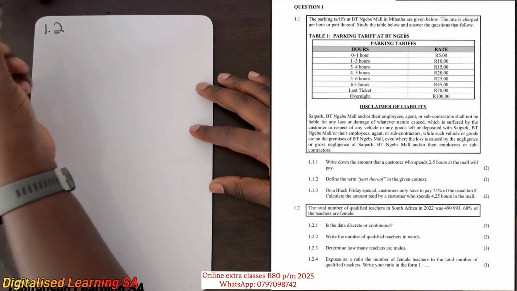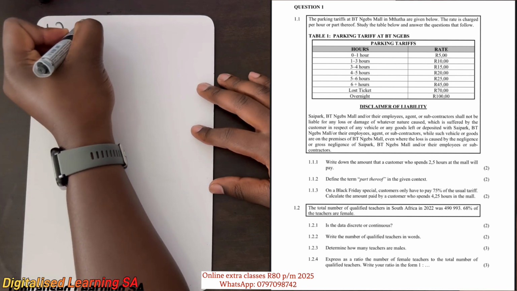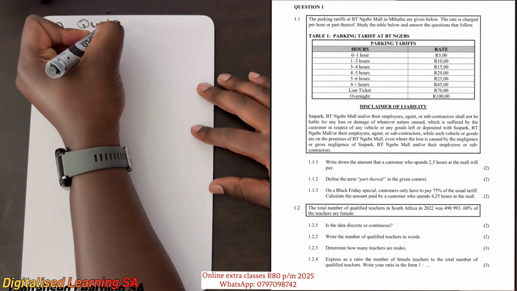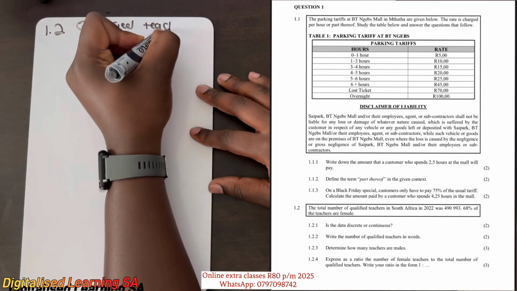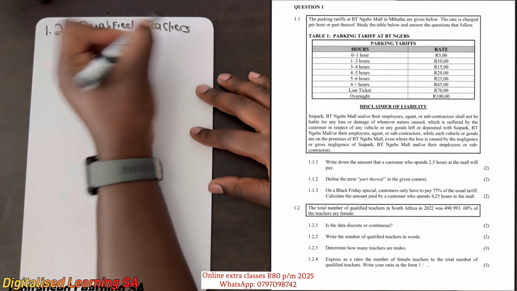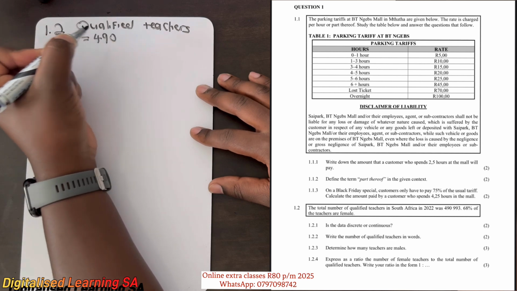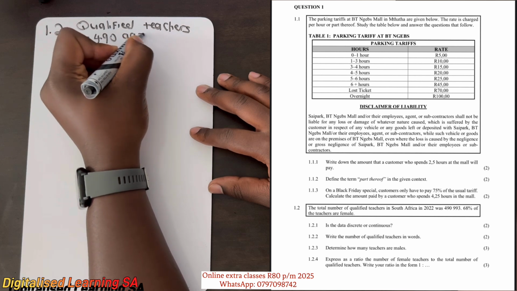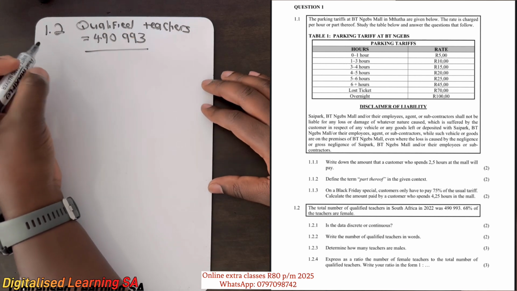Maybe we can start by specifying that qualified teachers are 490,993.